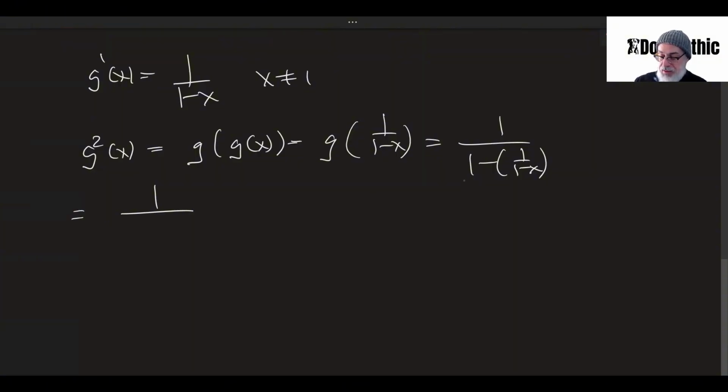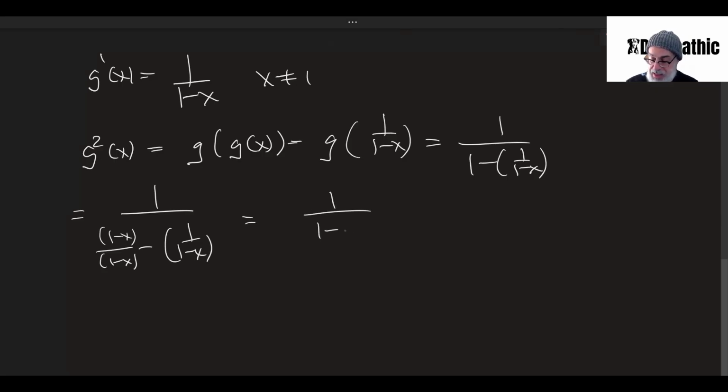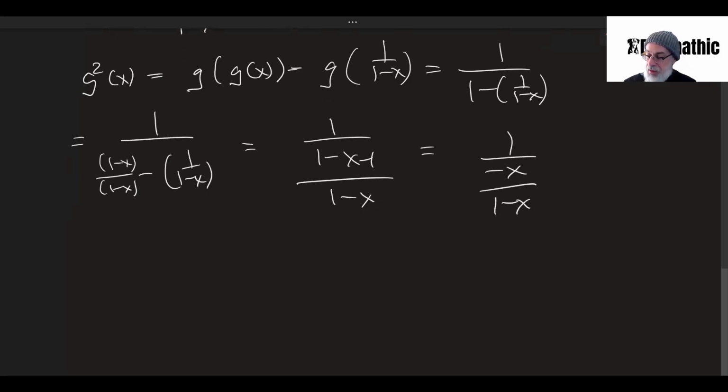So I need to multiply the left term by 1 minus x over 1 minus x, and that's subtracting 1 minus x. So what we get is 1 minus x minus 1 over 1 minus x. The 1's go away, so we get negative x over 1 minus x. So that's 1 divided by negative x divided by 1 minus x.